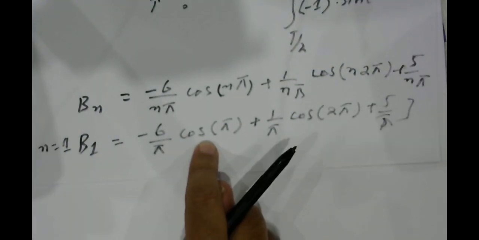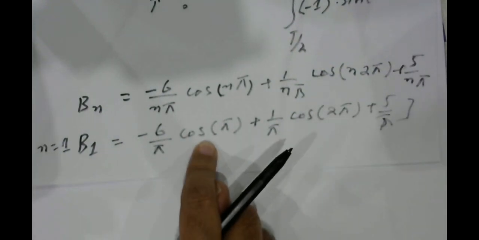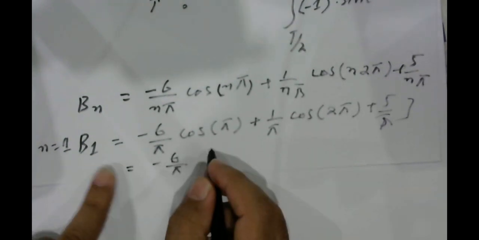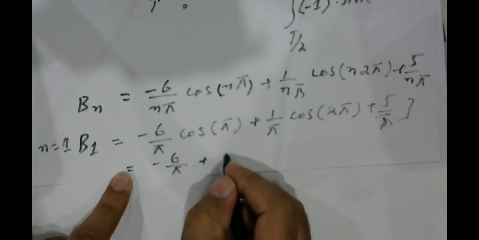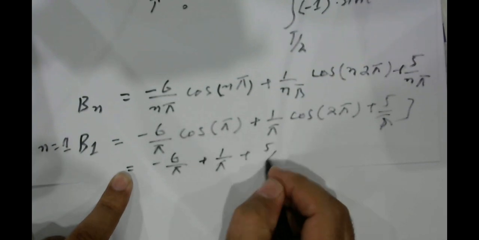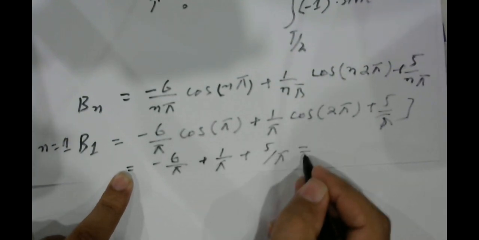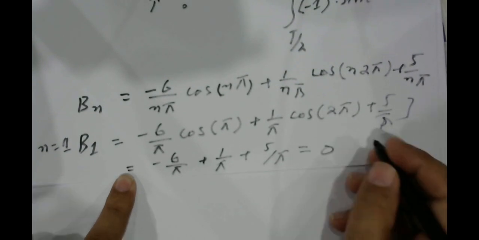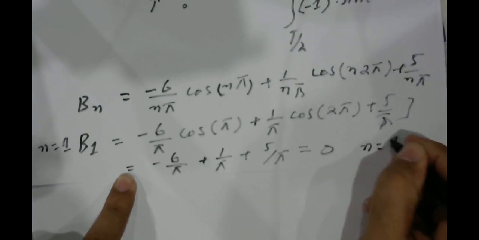You know that cos pi is how much? Minus 1. So this becomes minus 6 by pi. Then cos 2 pi is 1, so this becomes 1 by pi, and then plus 5 by pi. You get 0. This is 0 for n equal to 1.